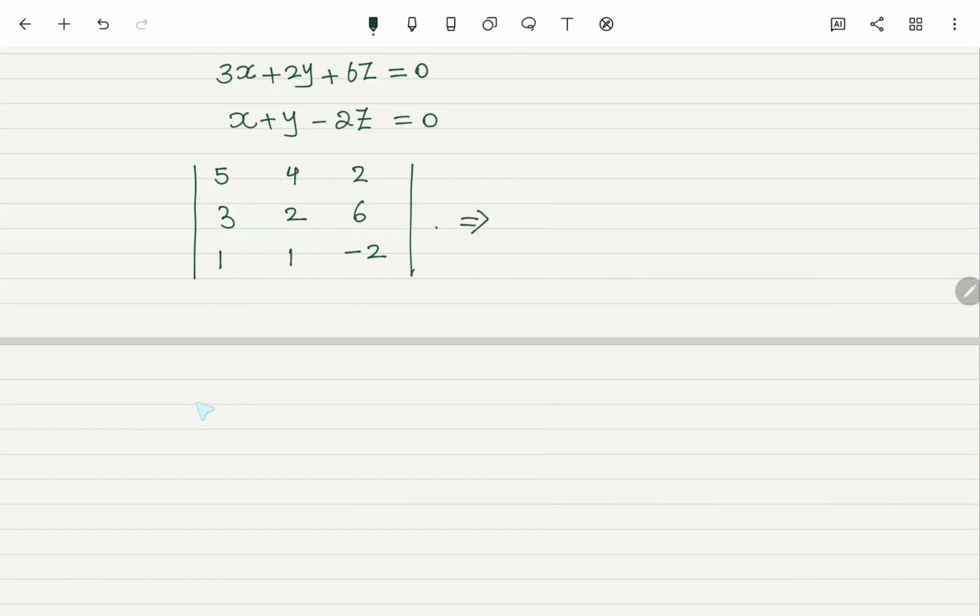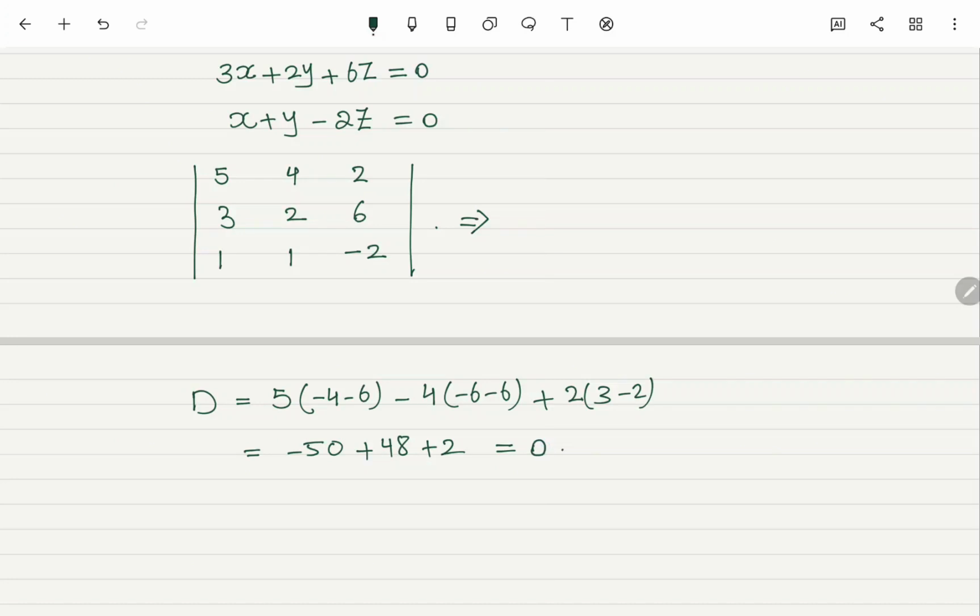D will be equal to 5 times (minus 4 minus 6), minus 4 times (minus 6 minus 6), plus 2 times (3 minus 2), which equals minus 50 plus 48 plus 2, which equals 0.